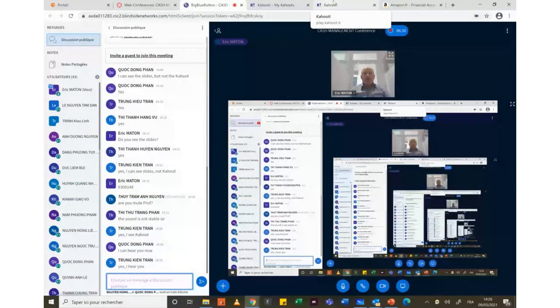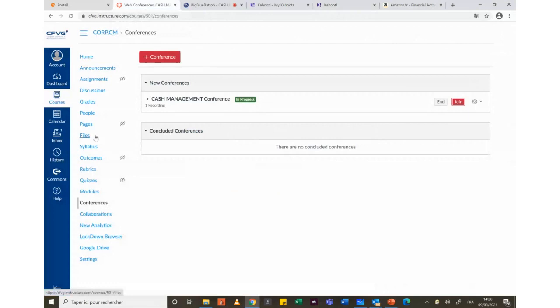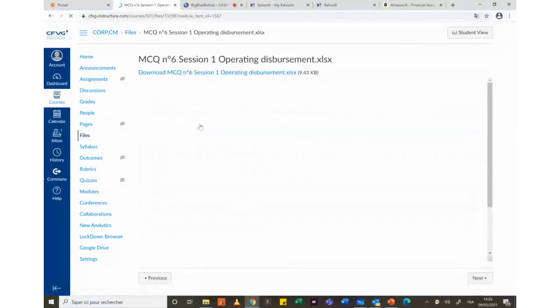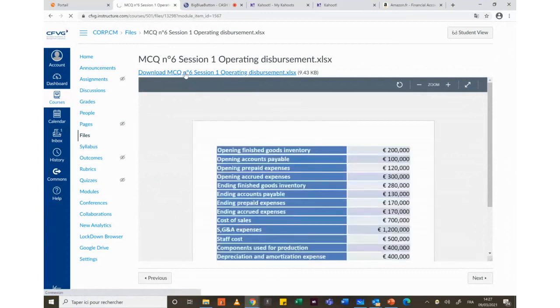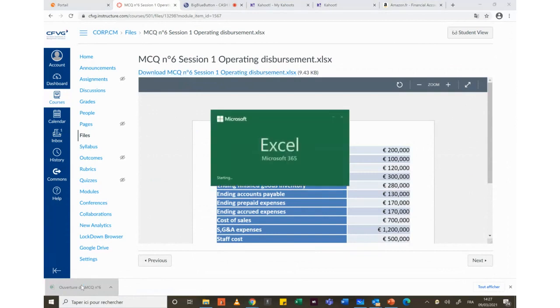Okay. So now question number 6. For question number 6, if you go in the module, you have the Excel file. If it's not already done, please download the Excel file in session number 1, and you can do the exercise in the Excel file.